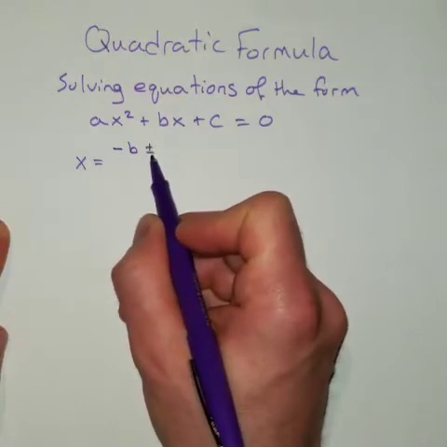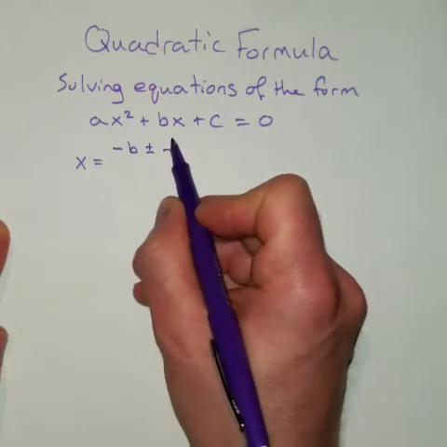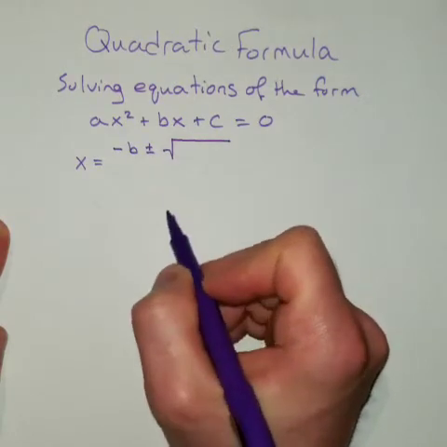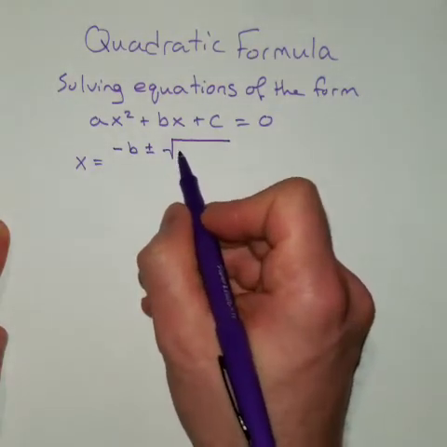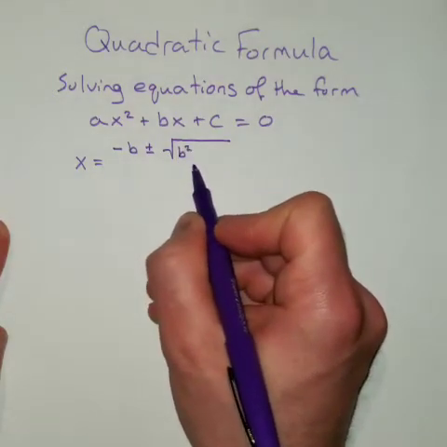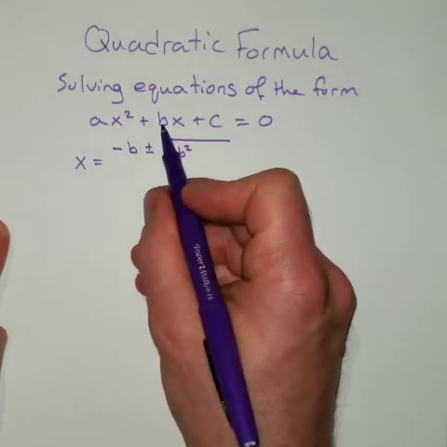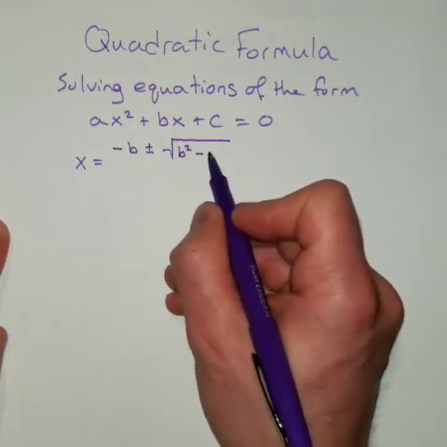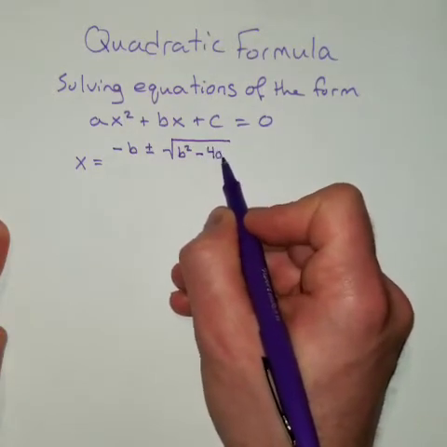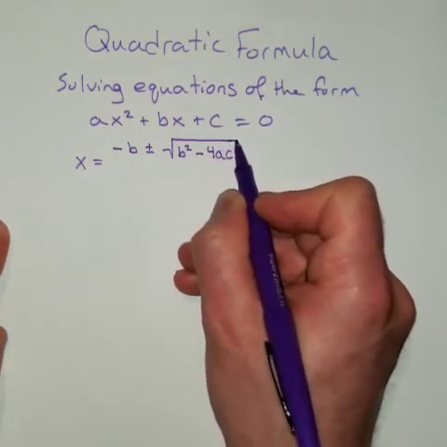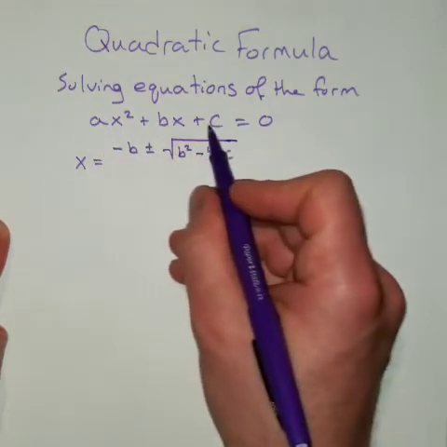That's where we get our two different answers from, one with a plus, one with a minus. There's a square root with a lot of stuff underneath. Under the square root is b squared, that's this middle term squared, minus 4 times a times c. That's 4 times the first term times the last term.